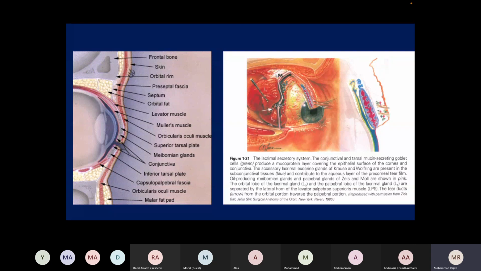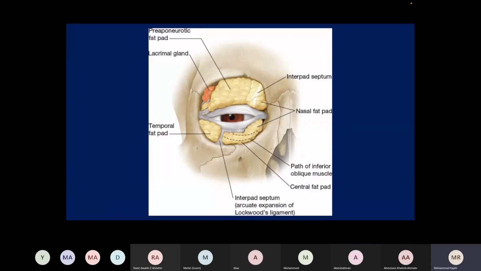Okay. What about the lower? Okay. And the inferior oblique is located in between which fat pads? Okay, medial and middle. So you can see here the path of inferior oblique.